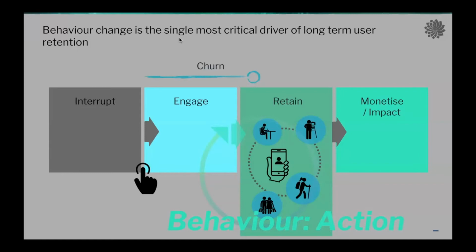But in order to retain customers, in order to develop long-term relationships with customers and users, we are looking at behavior as the driving force, and behavioral change is the driving element there, which can then hopefully lead to monetization or impact if you're an impact driven organization.